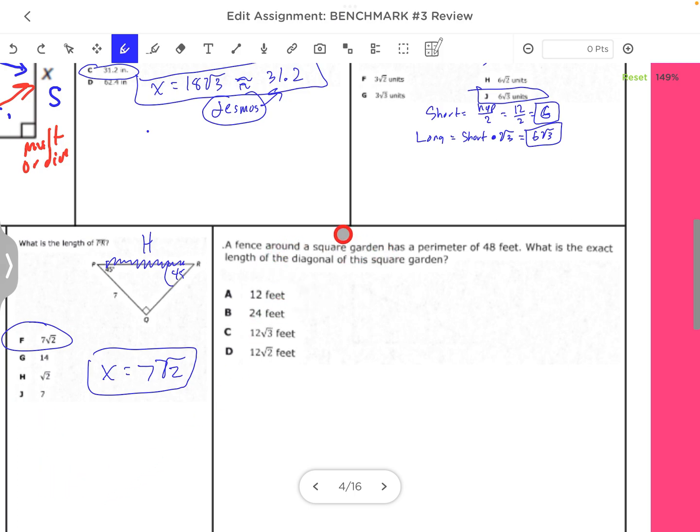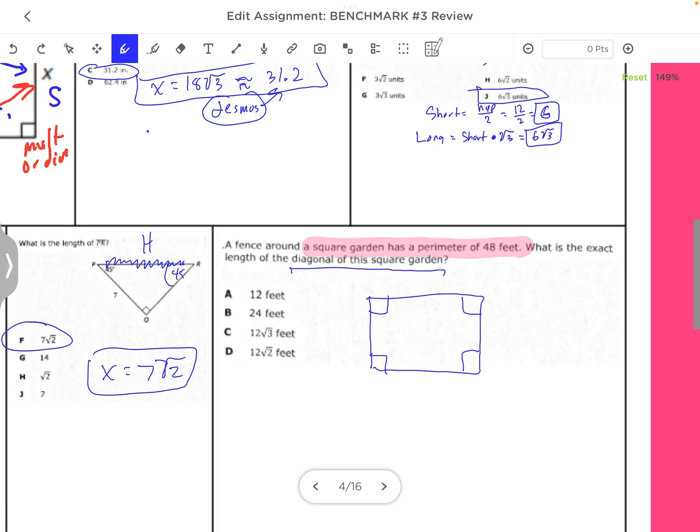A fence around a square garden has a perimeter of 48 feet. What's the exact length of the diagonal of the square? Ooh, that's tricky. Let's draw what we talked about. It's a square, so we know all those angles are 90 degrees.